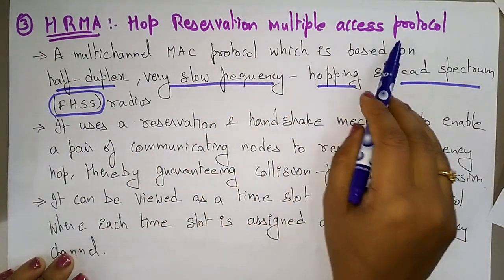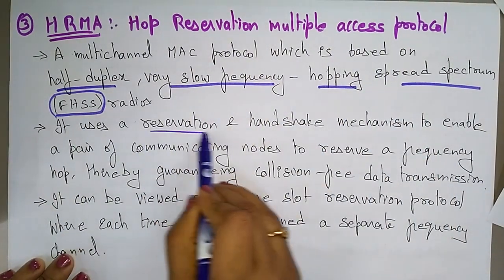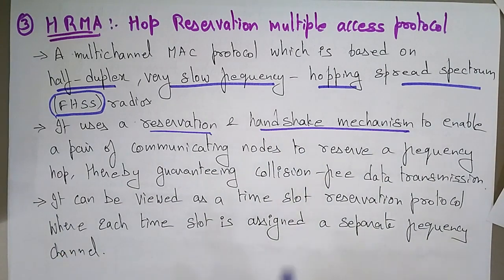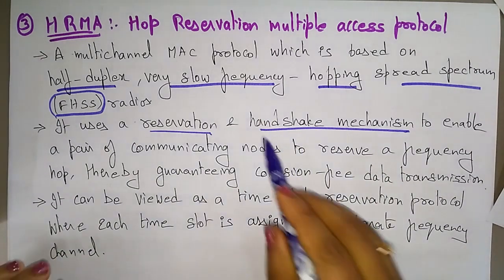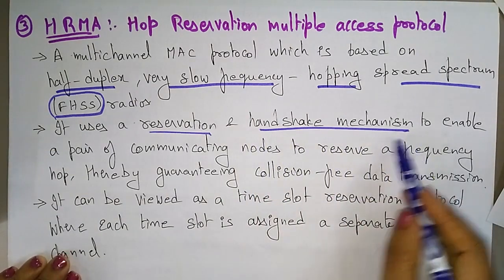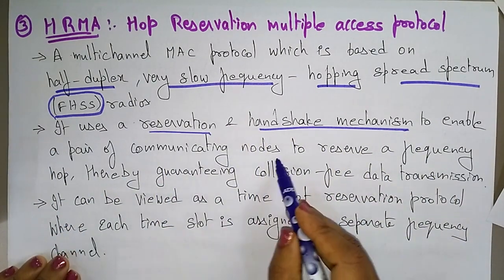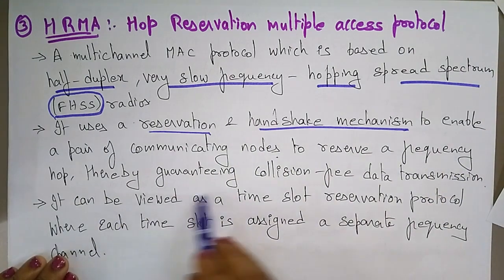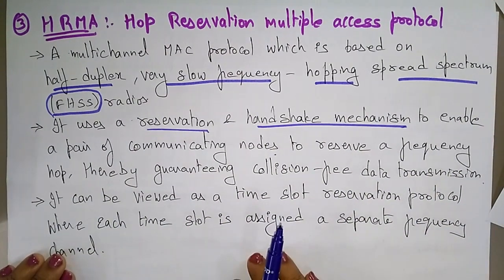This hop reservation multiple access protocol uses reservation and handshaking mechanisms. These protocols are contention based reservation protocols. Not only does it take the reservation, it also uses a handshake mechanism to enable a pair of communicating nodes to reserve a frequency hop, thereby guaranteeing collision free data transmission.